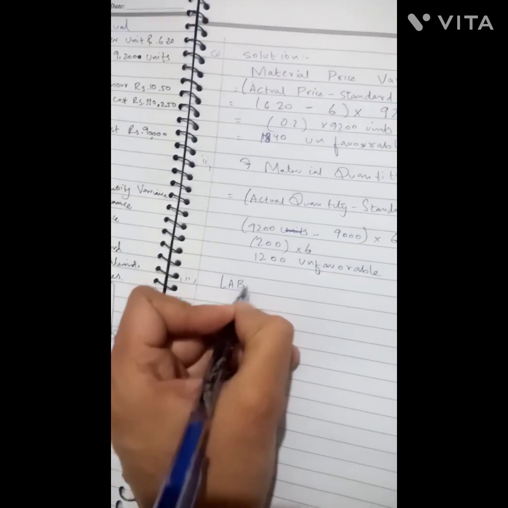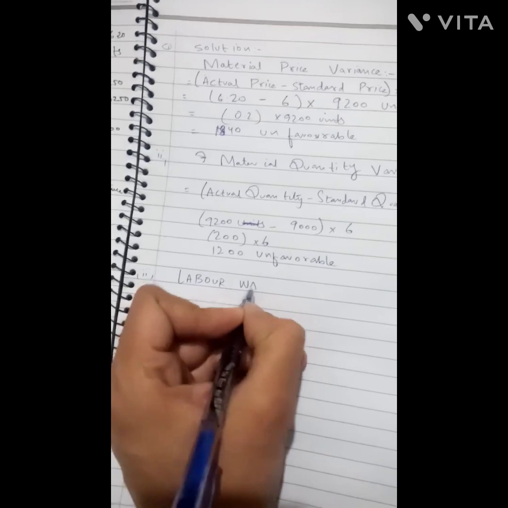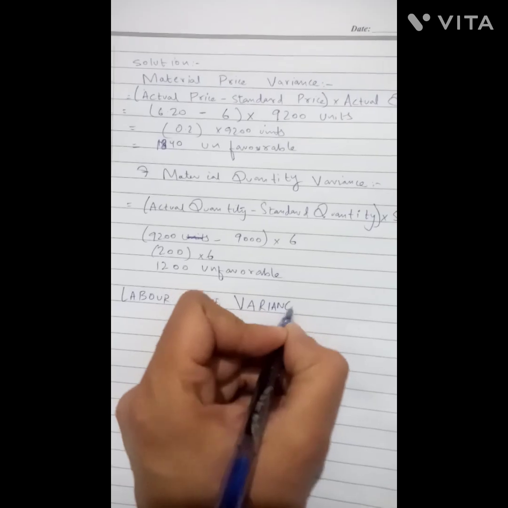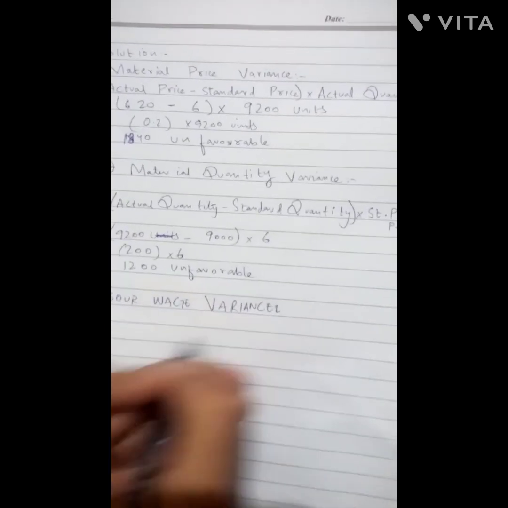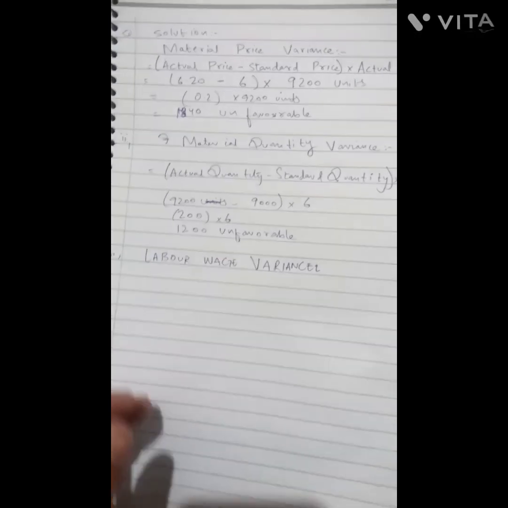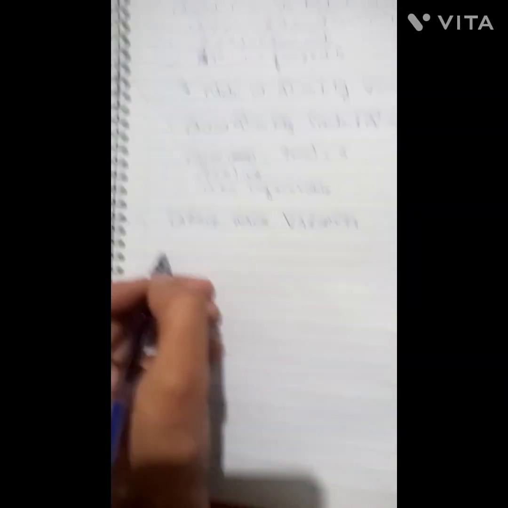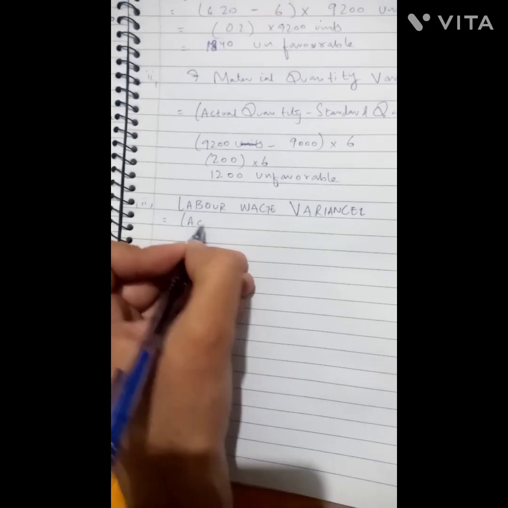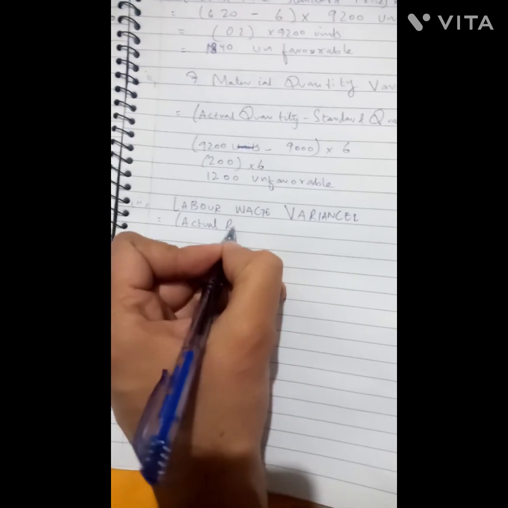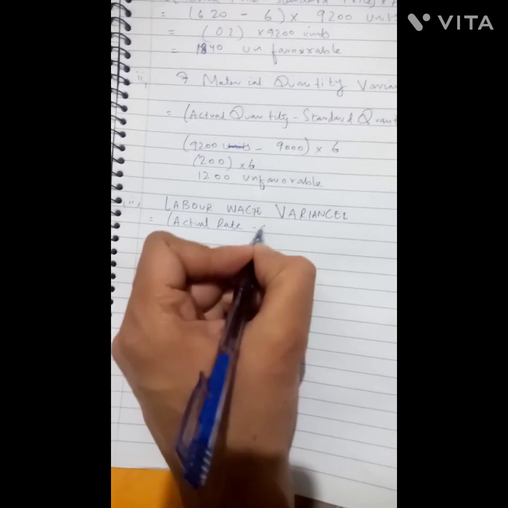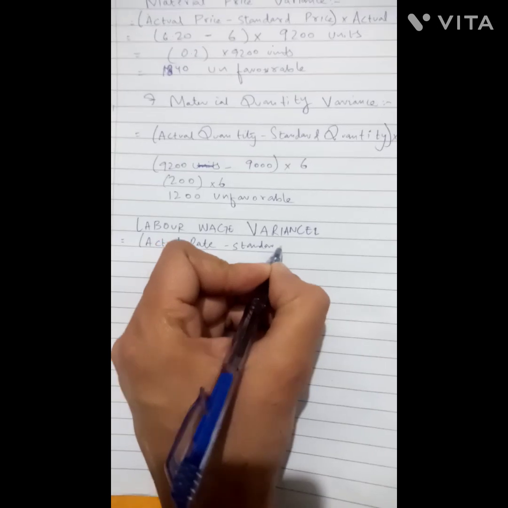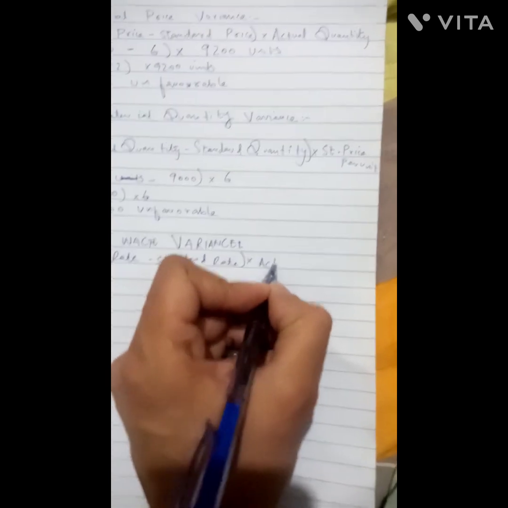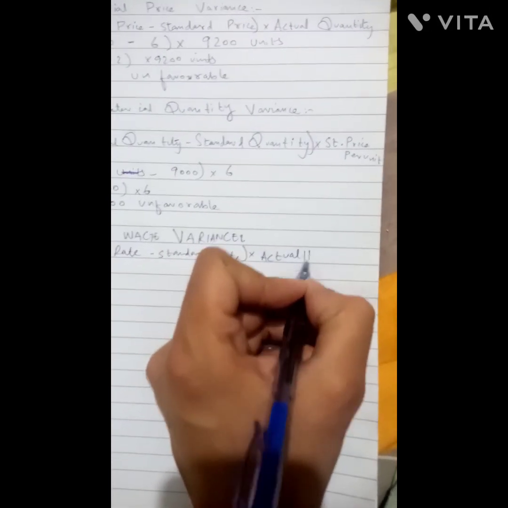The formula for labor wage variance is actual rate minus standard rate, multiplied by actual hours.